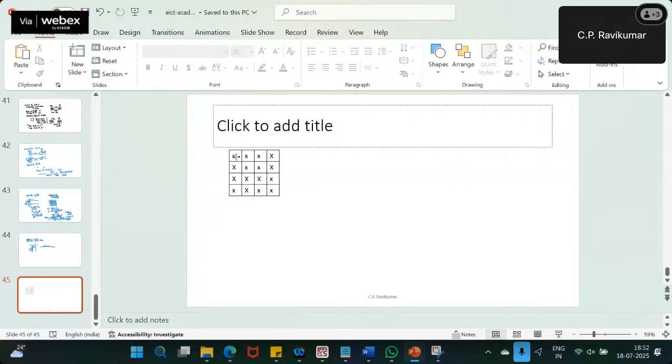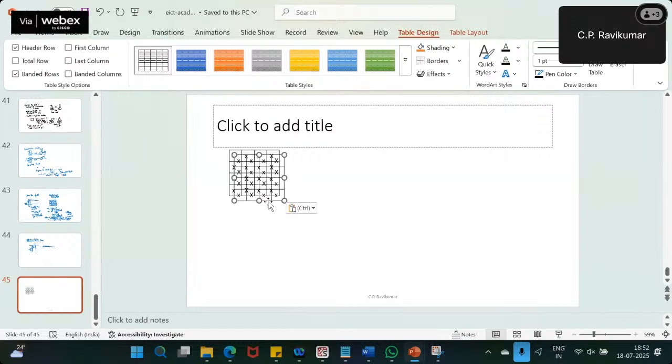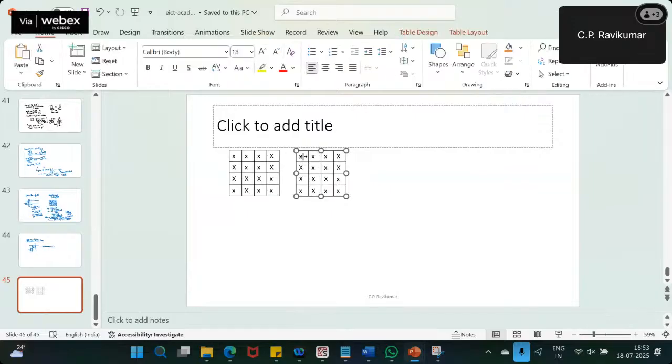So we write it, and this is known as a checkerboard pattern.